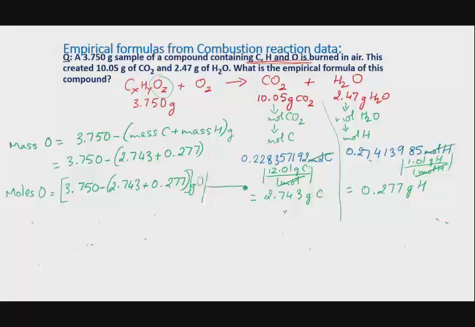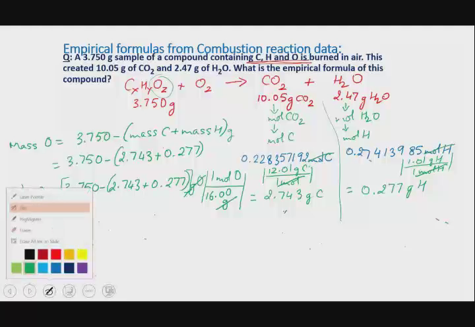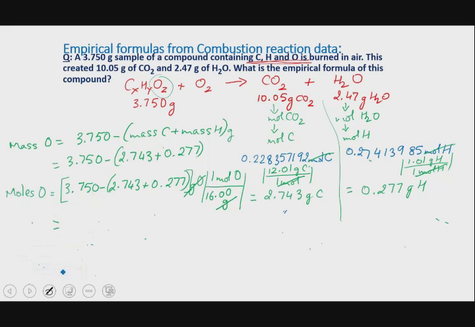Of course, that can be converted to moles of oxygen using the molar mass of oxygen. And when you calculate this, we get a calculator answer equal to 0.045625 moles of oxygen.